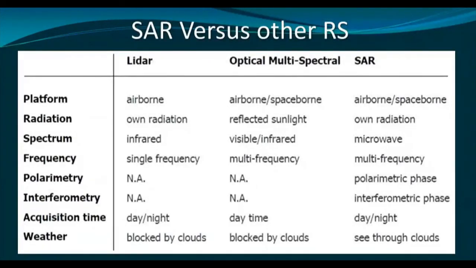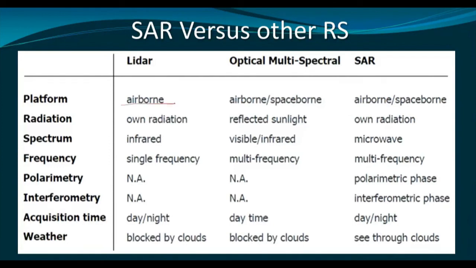Now this is a comparison in which I have compared LiDAR, which is a very promising field of remote sensing, optical multispectral remote sensing, another promising field of remote sensing, and SAR. Let us try to understand that if we consider the platform, then LiDAR can be performed from the aerial platform.